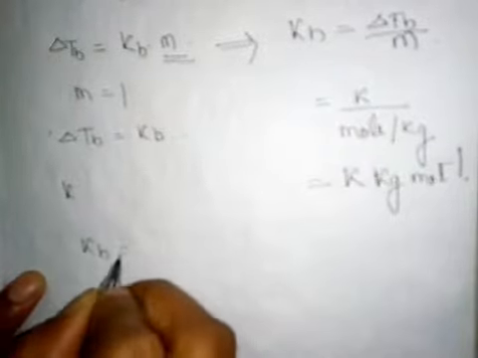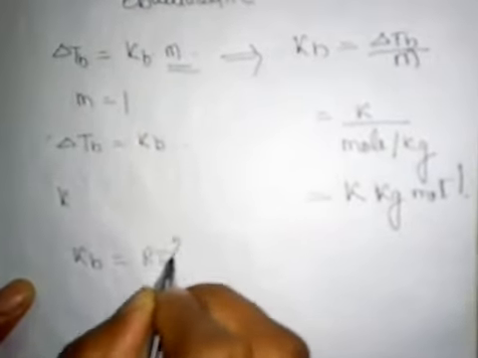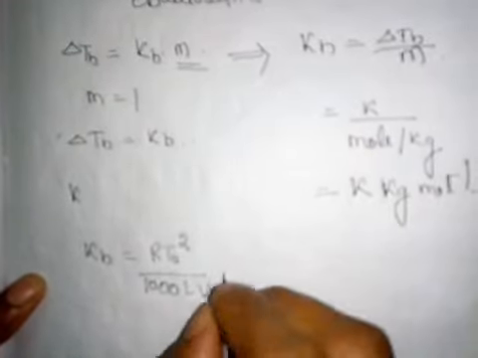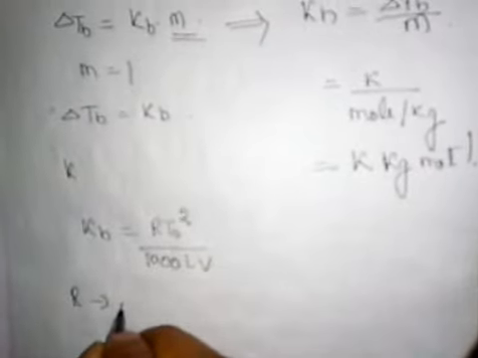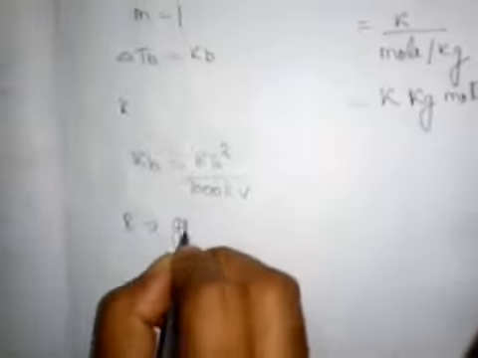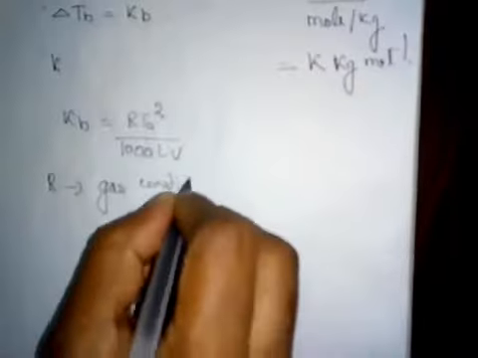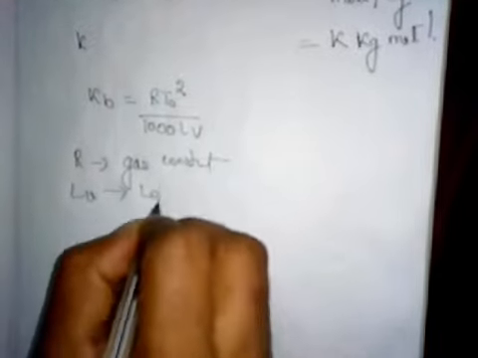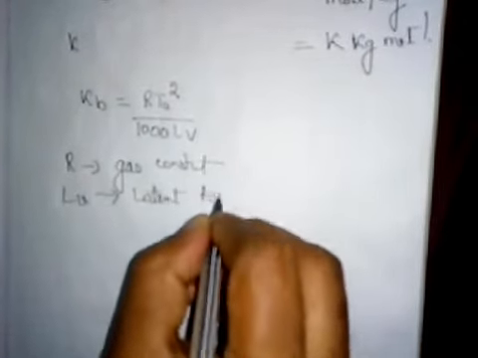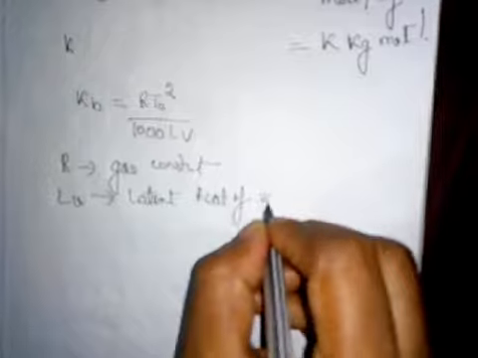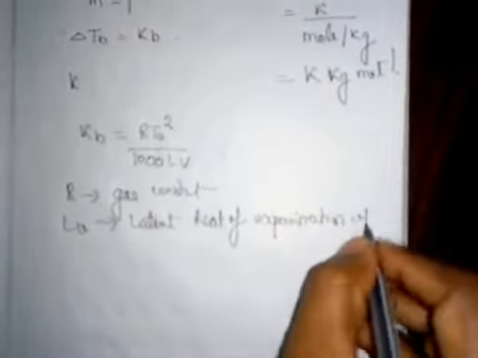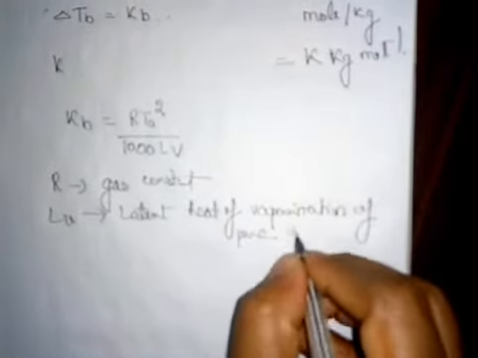Again, Kb is equal to R T0 square by 1000 Lv, where R is the universal gas constant and Lv is the latent heat of vaporization of pure solvent.